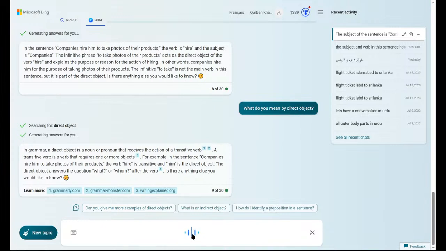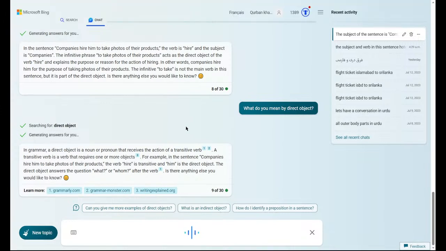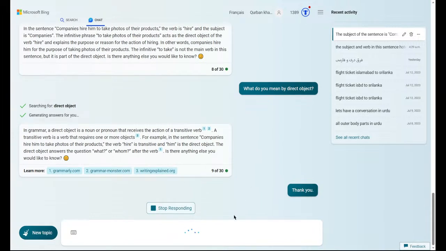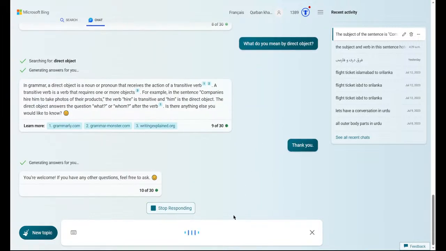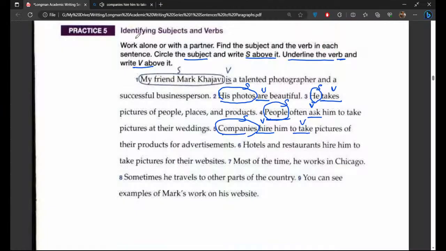The direct object answers the question what or whom after the verb. Is there anything else you would like to know? Thank you. You're welcome. If you have any other questions, feel free to ask.